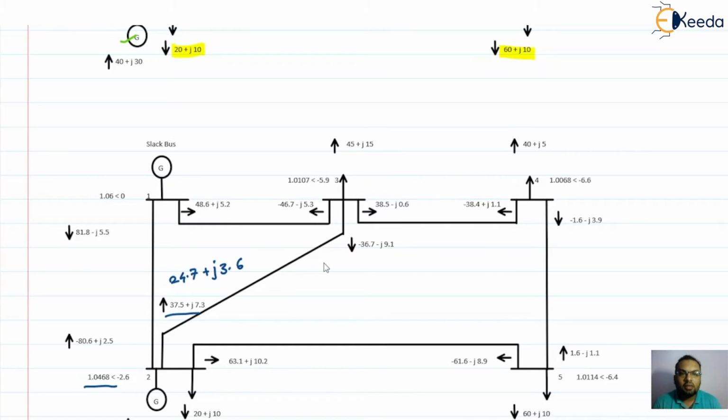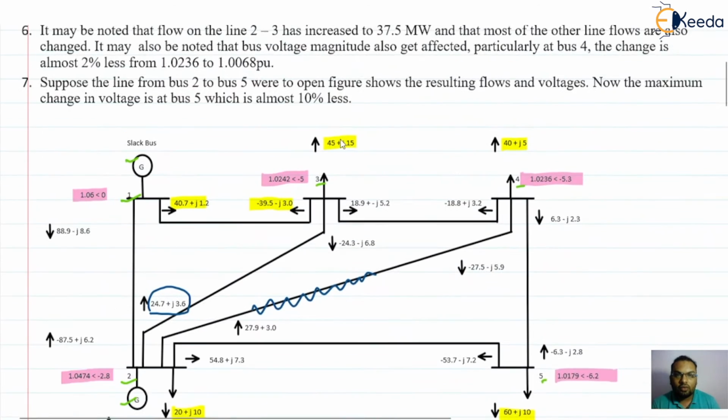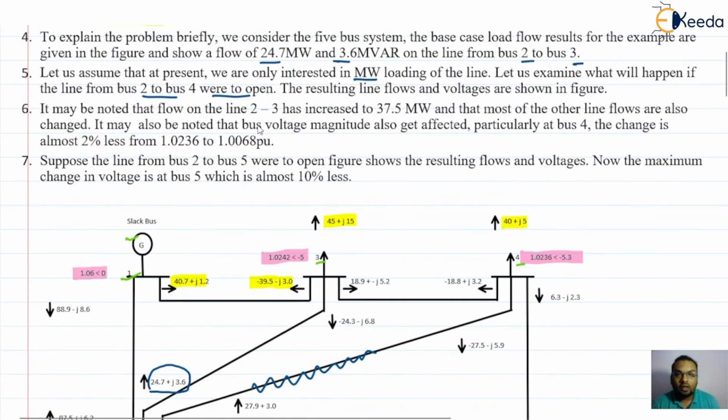So just examine whether there are any violations anywhere. Violations in the sense that the voltage on a bus should not violate its limit, and a line carrying power should not violate its maximum carrying capacity. That is what we have to do in contingency analysis.